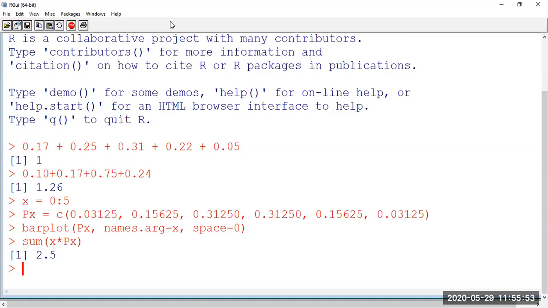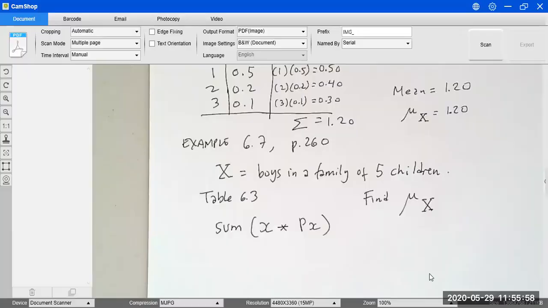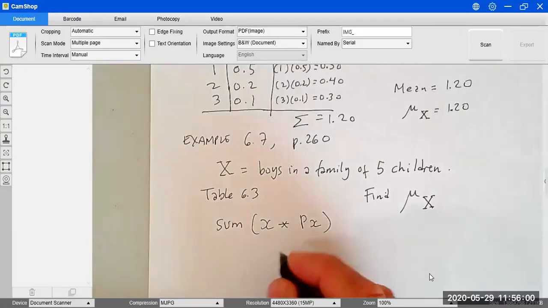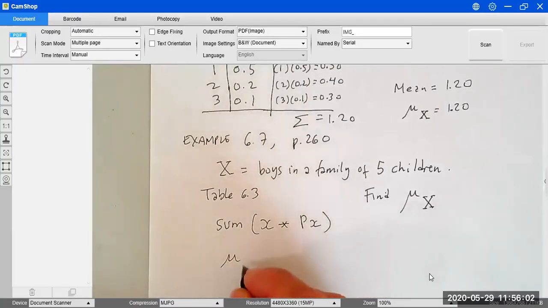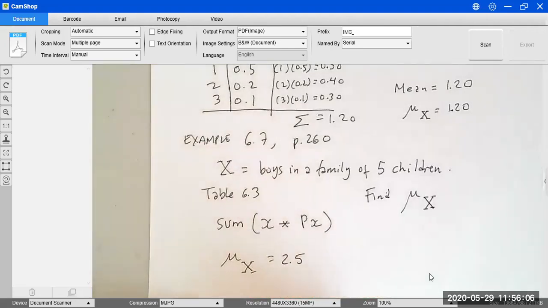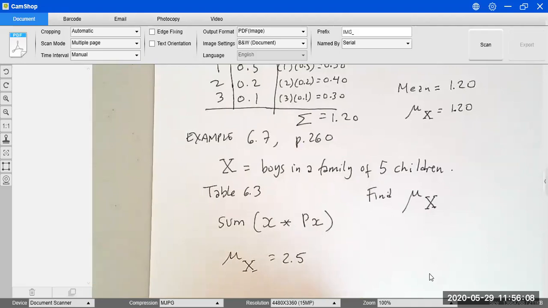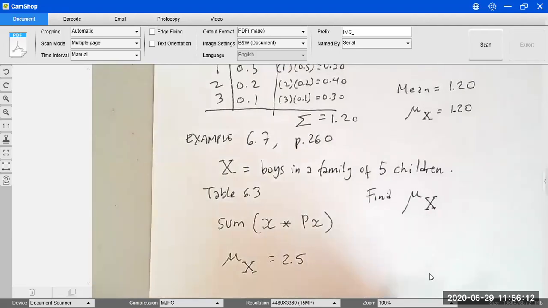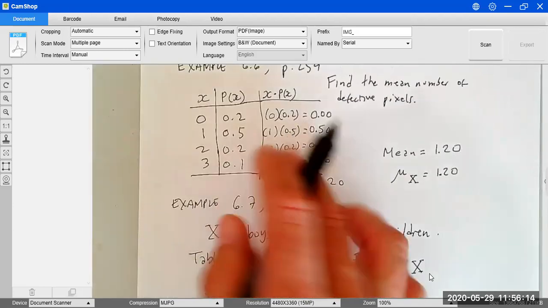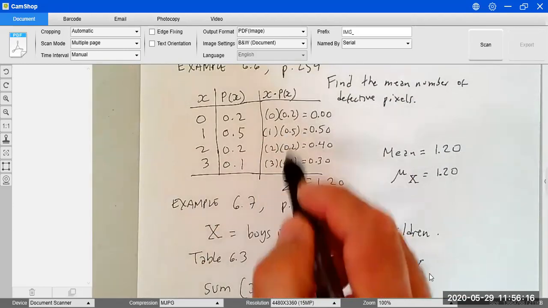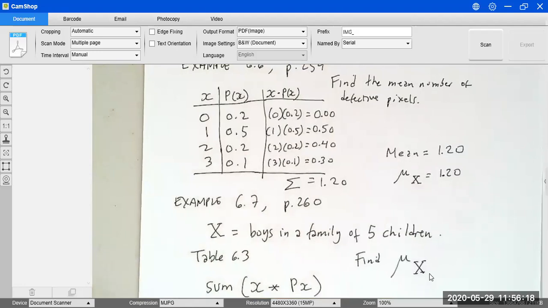So we're going to write 2.5 for this problem. The mean, this sum, is 2.5. If you want to do it by hand, just check the book on page 261 and you're going to see a table like this one where you're going to see an extra column with products. You can see it here.